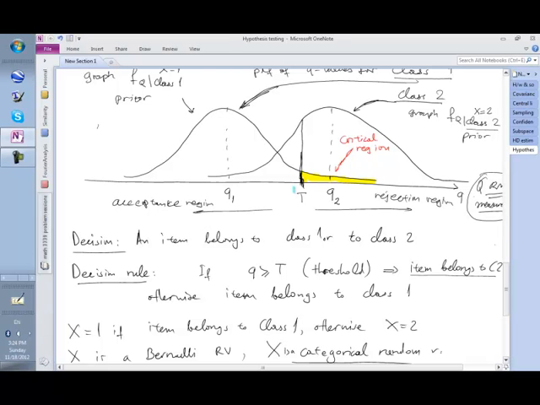But we know that the item is of class 2. So what is the probability that the item is giving a value of Q which is less than the threshold, given that the item is of class 2? Well, it's the area which we now mark with blue. It's an area under the second curve, the one to the right.